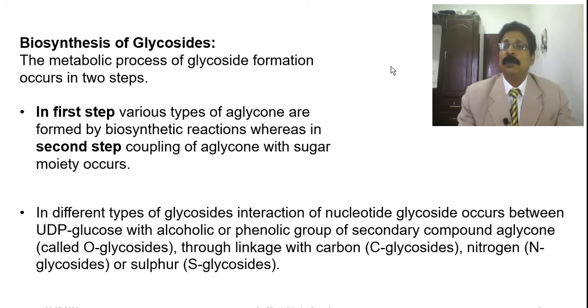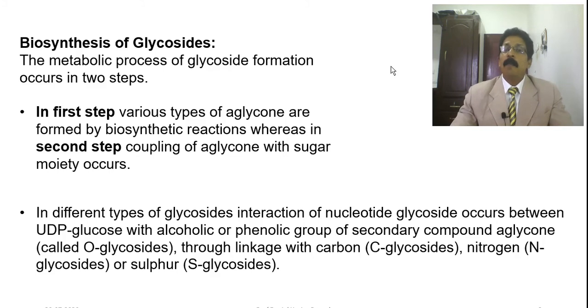Once you remember this, even in higher studies, in your next chapter, when you are studying various types of glycosides, the details about the crude drugs and their constituents, it will be easy for you to remember their structure and its applications.